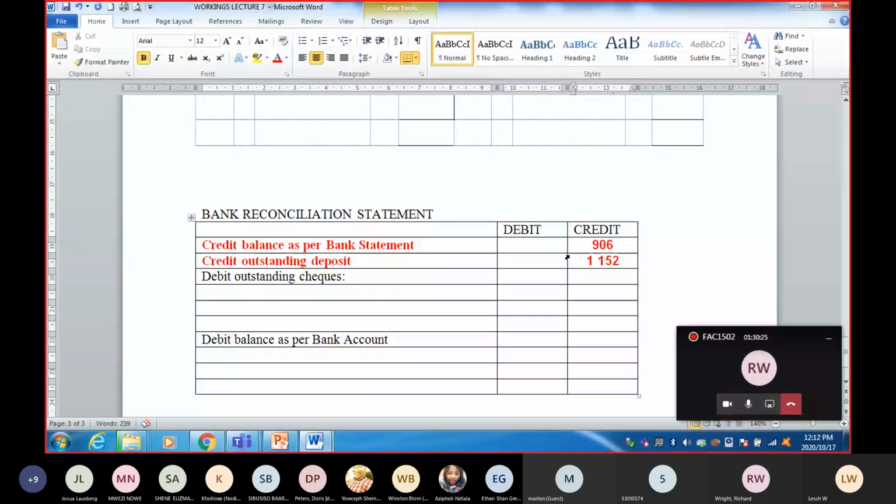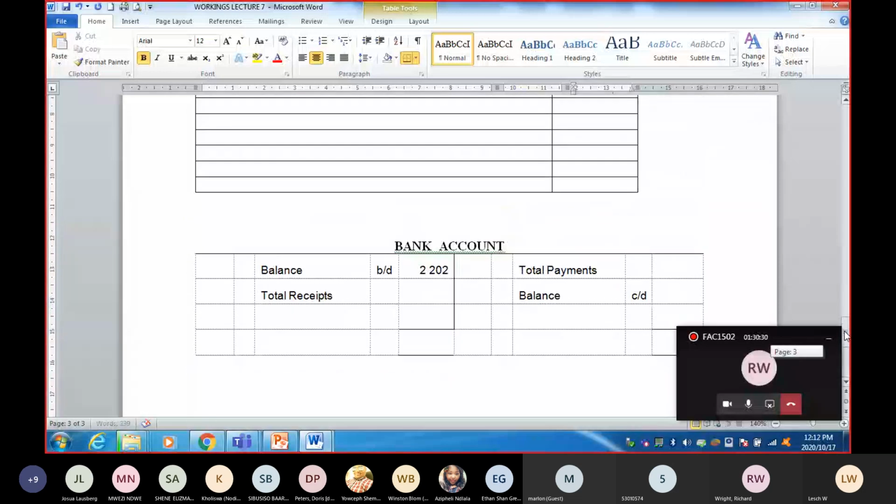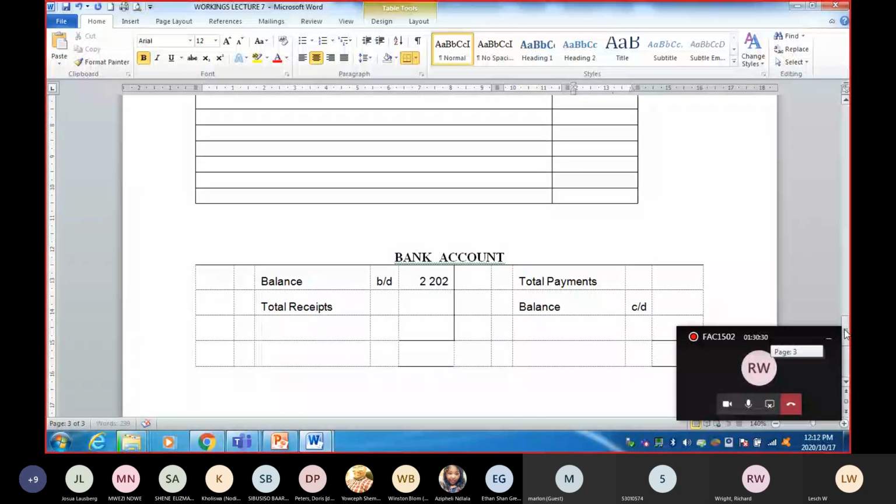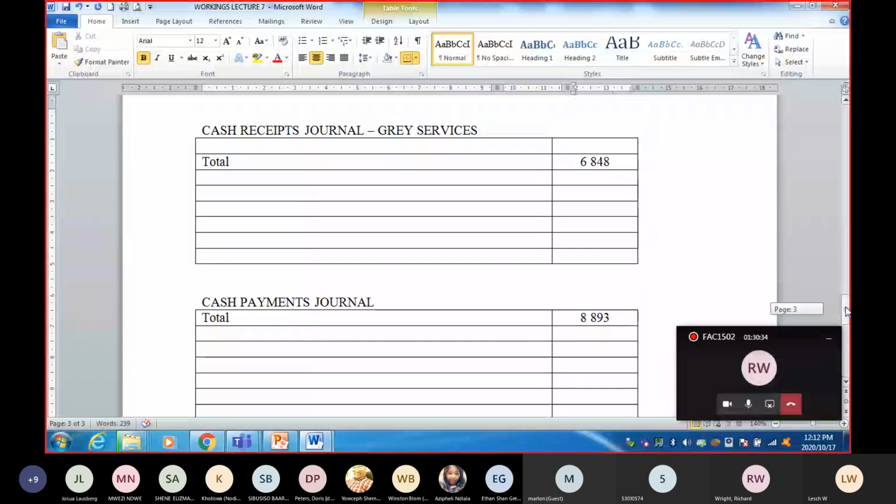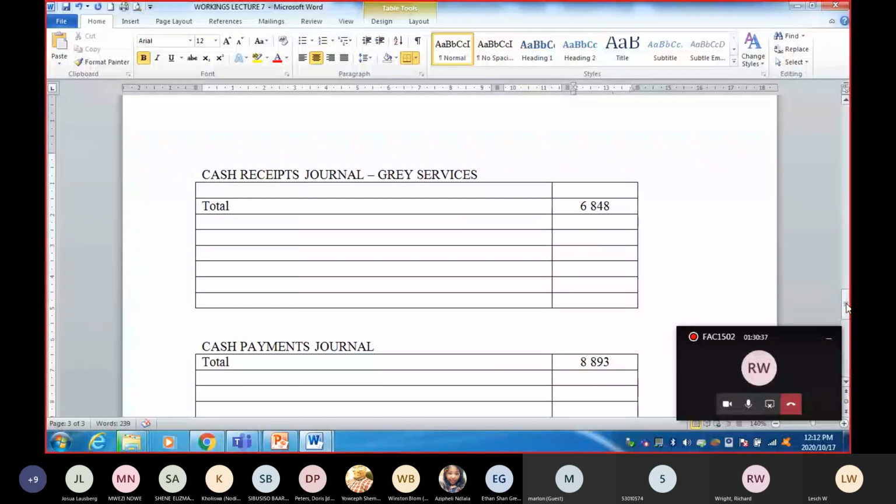I am now comparing the credit side of the bank statement with my cash receipts journal. Right. So the first amount that you see there on your bank statement is 254 Rand. But that 254 Rand is from the previous month.